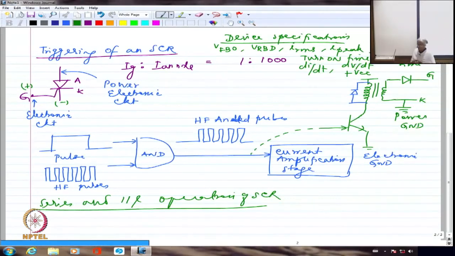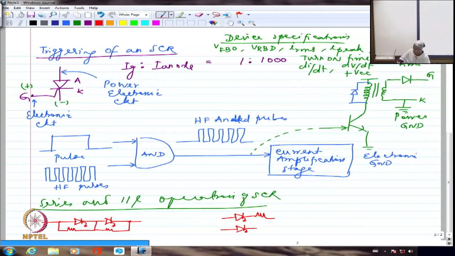And as we had done in series and parallel operation of the diode, here also I can have series operation of thyristor like this with large resistances in parallel. Similarly, parallel operation I can do for two thyristors with small resistances in series when I want to share a larger current I. Right?